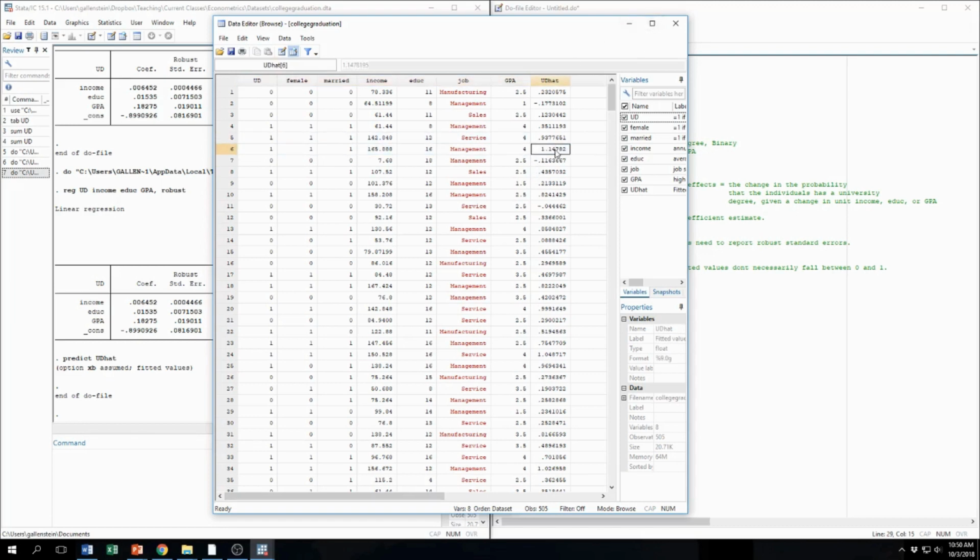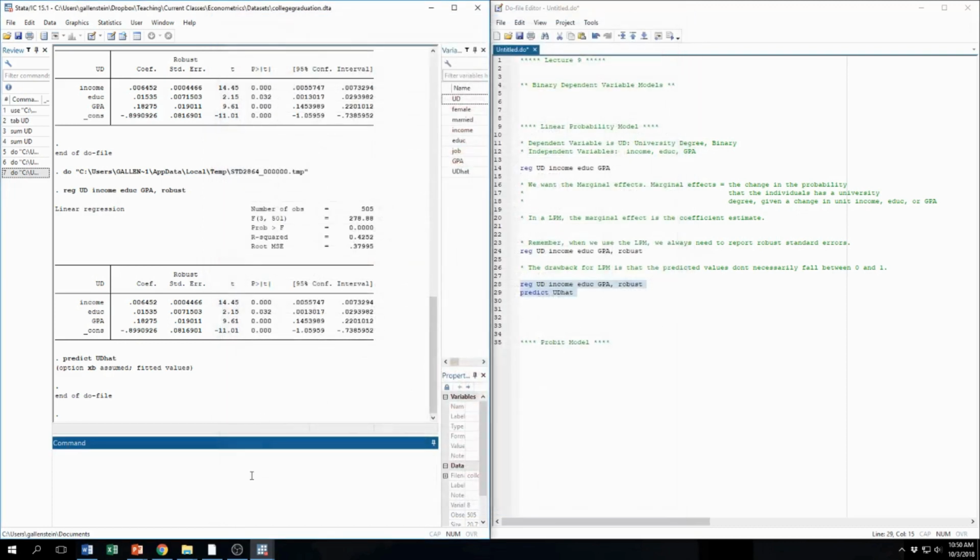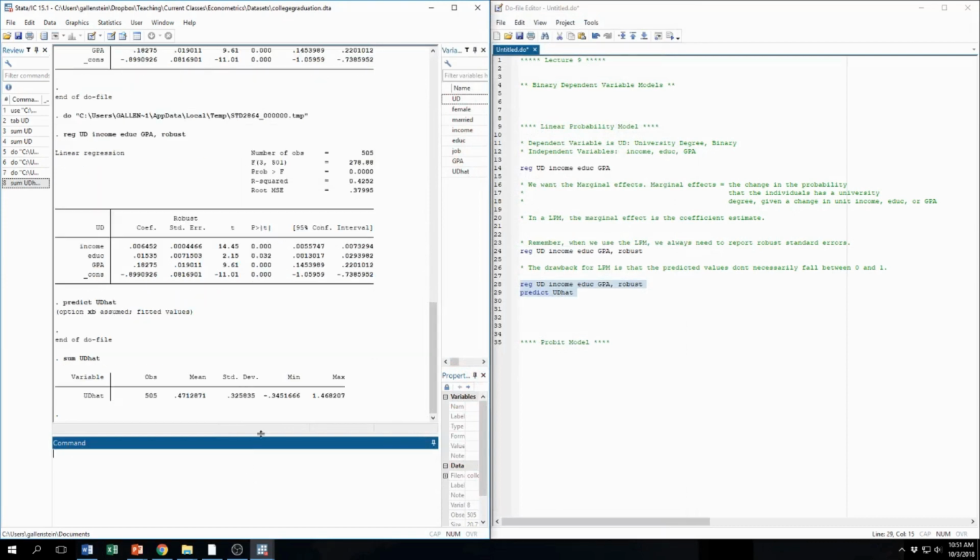We have predicted values that are greater than 1 and less than 0, which doesn't make sense for probabilities. We can even summarize our result, UD hat. We find that the minimum value is negative and the maximum value is greater than 1, so we know that our predicted values don't make a lot of sense.